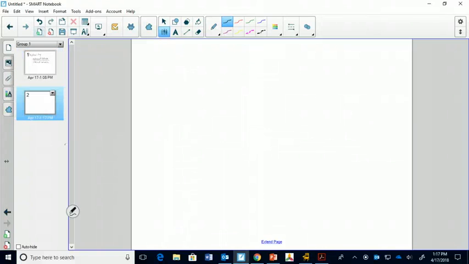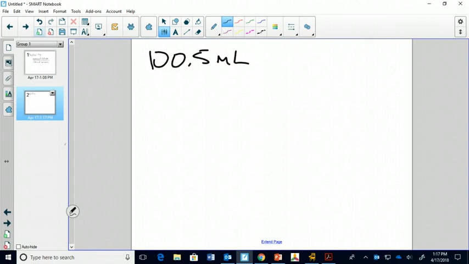All right, so let's look at example problem number 2 in your textbook. You are given a 100.5 milliliter intravenous solution, an IV, right? The stuff they put into your body in the hospital, right, when you're sick, that contains 5.10 grams of sucrose, which, sorry, not sucrose, glucose, which is C6H12O6.